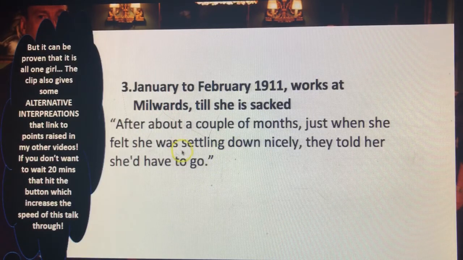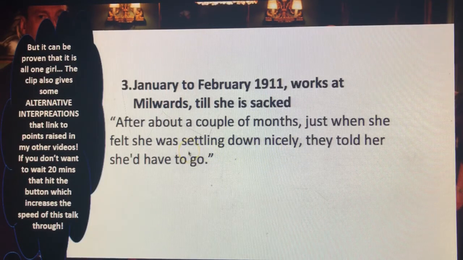Now, the other thing that Priestley wants to emphasise here is that the girl was settling down nicely. She was doing a really good job. And that echoes what Burling said about her. She was doing a really good job at Burling's, and in fact they were going to promote her. Because Priestley is pointing out that in a proper capitalist system, where the market decides, based on your profitability, how much you'll get paid, then someone who's good at their job would be able to not only remain in employment, but earn more.